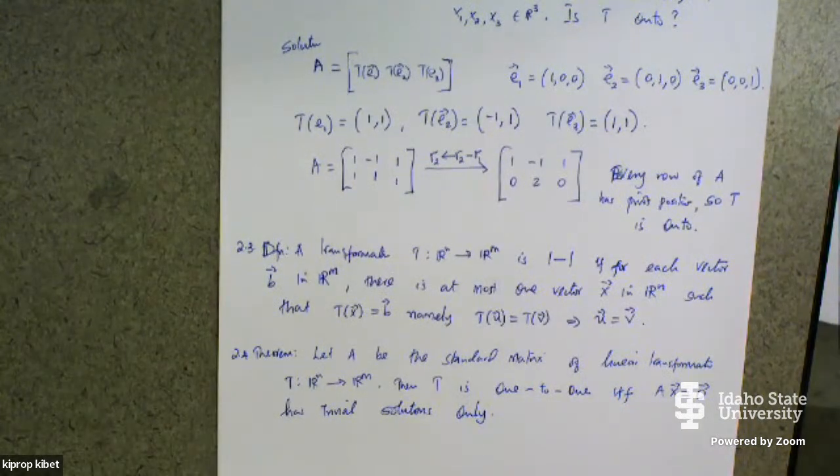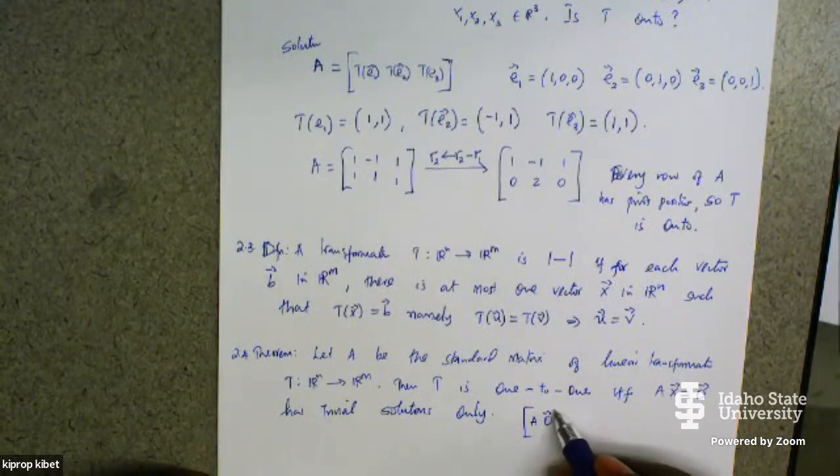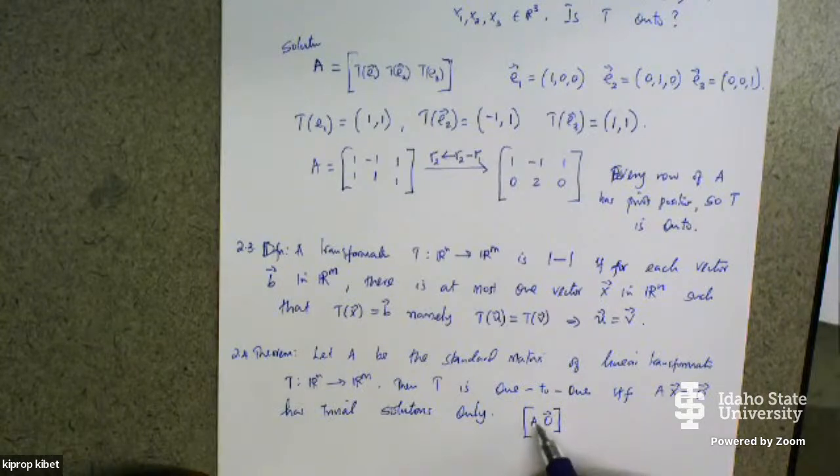So it means that each column here has a pivot position. So it means this A and 0 vector there, this first, the columns in A here should all of them have the pivot positions.